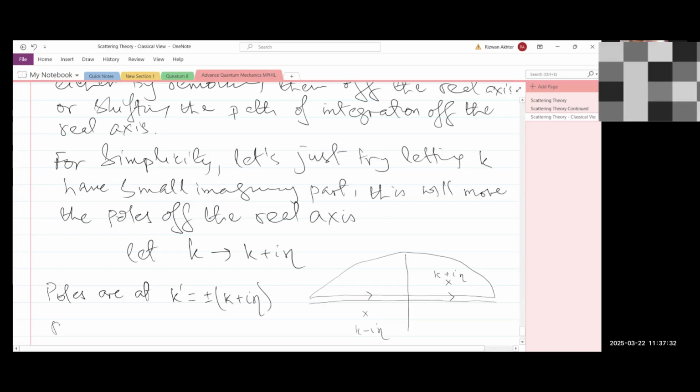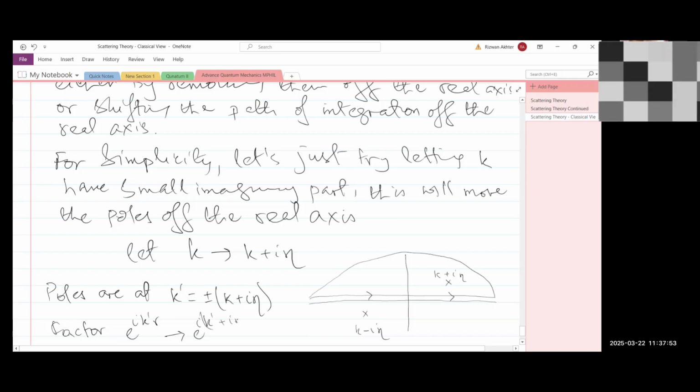सो जो फैक्टर है which we would like to sort of avoid, this e to the power iota k prime r जो है, this would change into e to the power iota k prime, rather bracket में k plus iota eta, and this is almost equals to, इधर r भी है, this is almost equals to e to the power minus eta r.